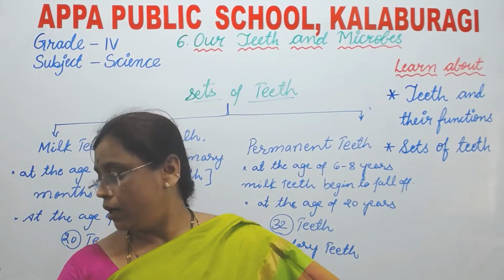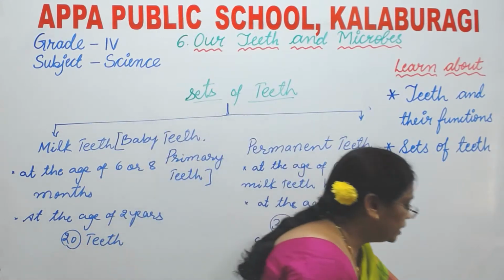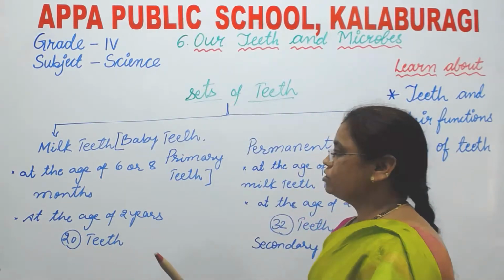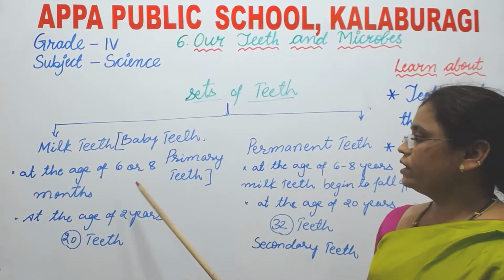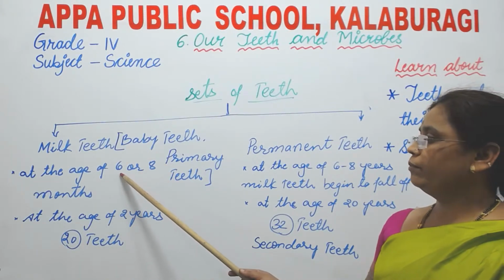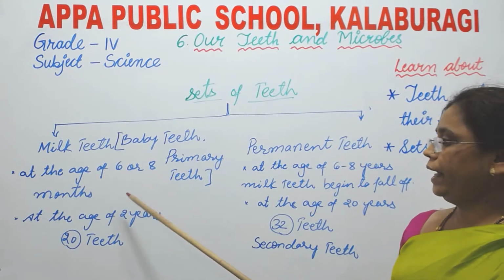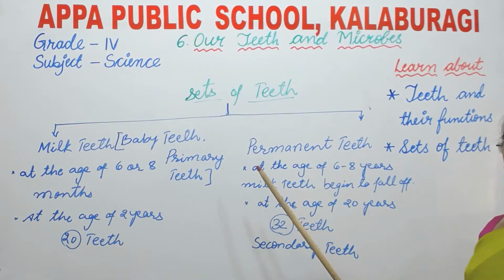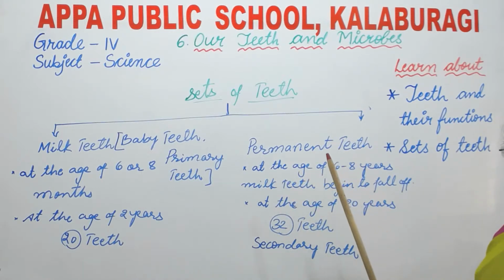So now we will discuss the differences between milk teeth and permanent teeth. What is the difference? The milk teeth appear when the baby is about 6 to 8 months old, whereas the permanent teeth appear at the age of 6 to 8 years.